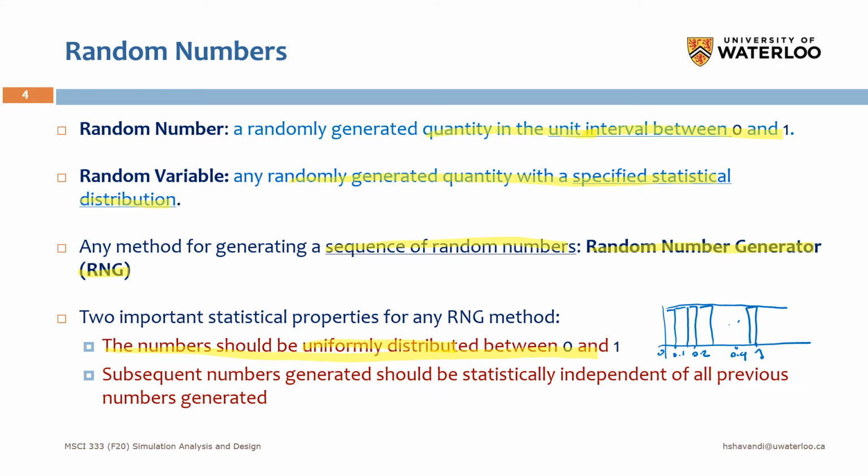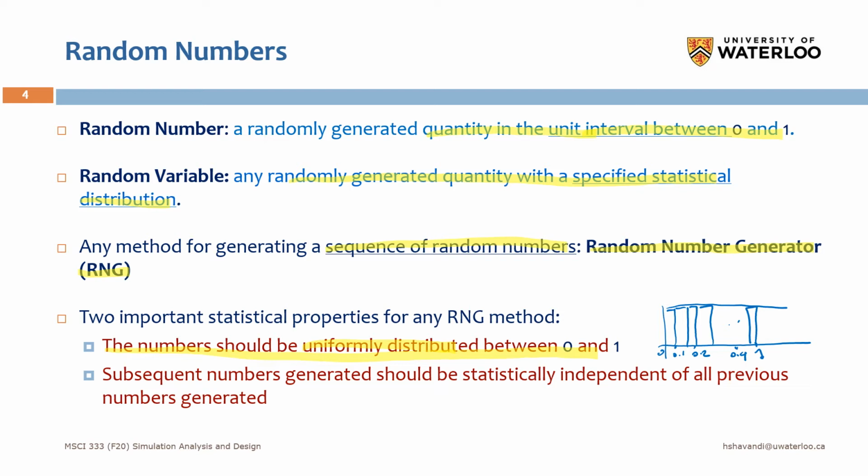The number of values generated in each interval, say 0 to 0.1 and 0.1 to 0.2, should be equal, which we call uniformly distributed between 0 and 1.